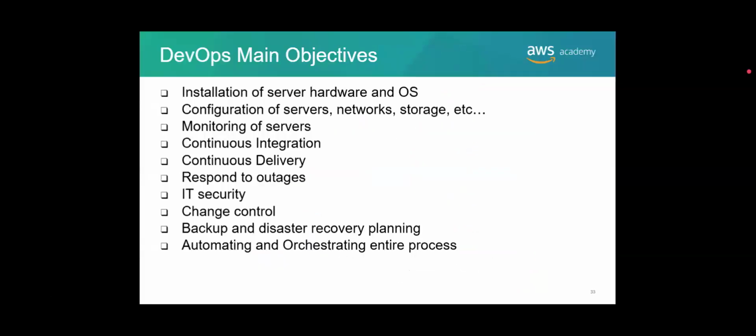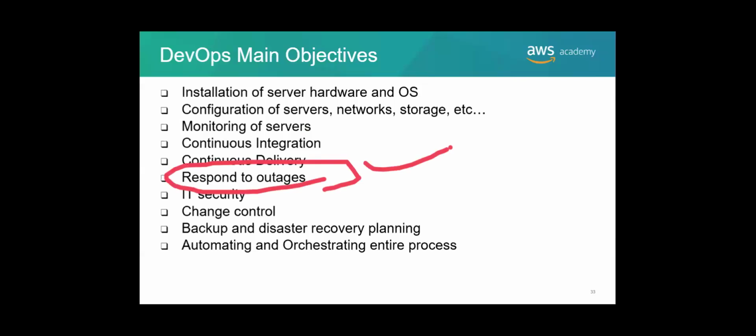Next, what is the main objective of Ops? That is DevOps: installation of server hardware and OS, configuration of servers, networks and storage, etc. Next, monitoring of your servers, continuous integration, continuous delivery, response to the outages. Outages means what?